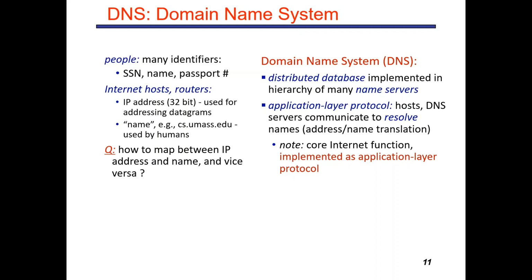So we need some kind of translator in between that can translate the human readable domain name into IP addresses. That is where the DNS protocol comes in. The job of the DNS protocol is to resolve these domain names into IP addresses, and then the routing of the packets will actually begin, right?